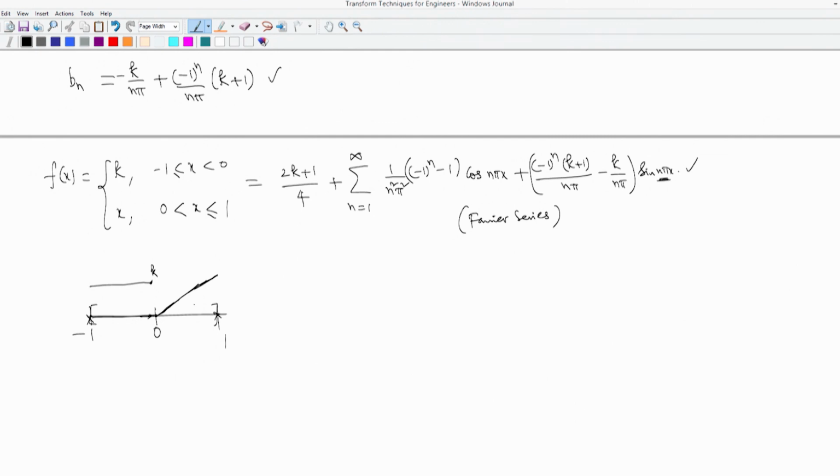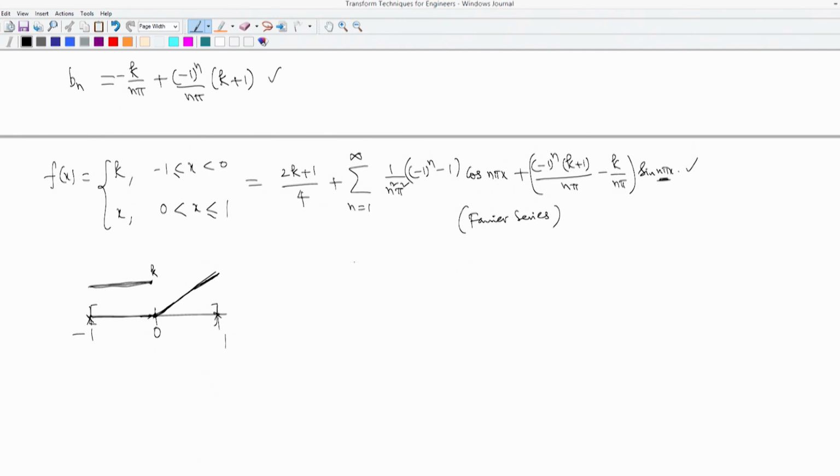If k is non-zero, you have a piecewise continuous function up to here, and up to here a continuous function. So, it is not exactly defined at 0. We will see exactly what the Fourier series is at this value.